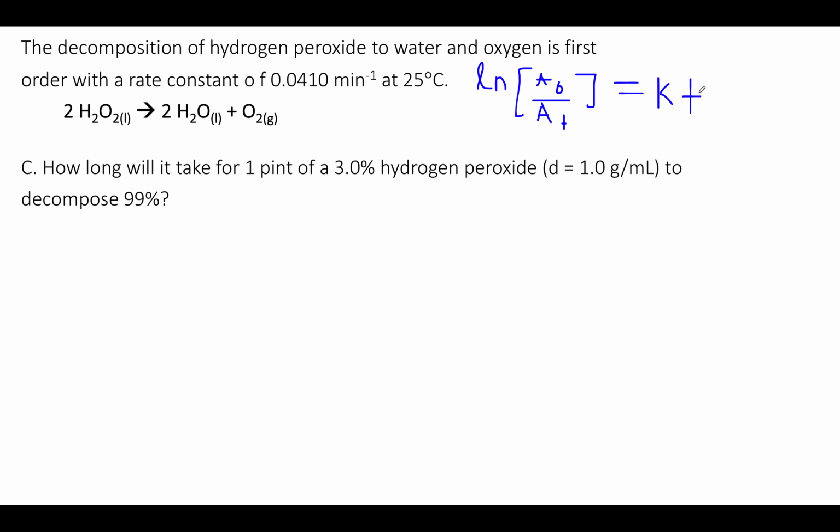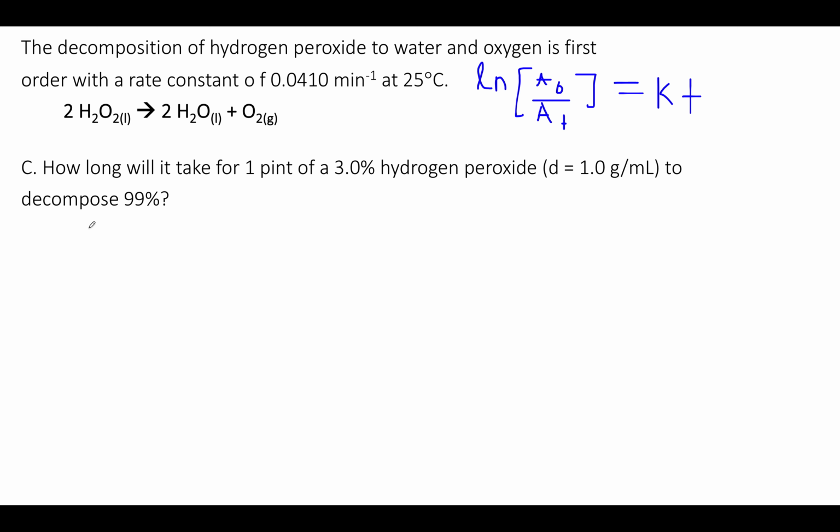So we can use this second form of the equation. But there is a problem. The problem is that I have a 3% hydrogen peroxide solution, 1 pint of it, but I need my concentrations to be in molarity. So I need to take this mass percent and put it into a molarity.